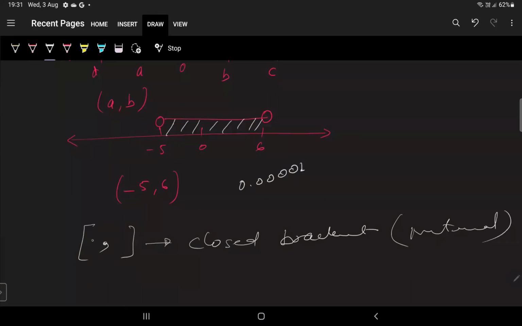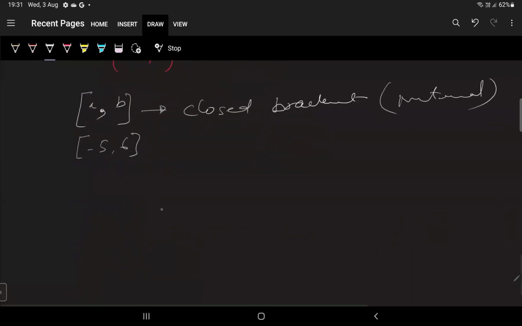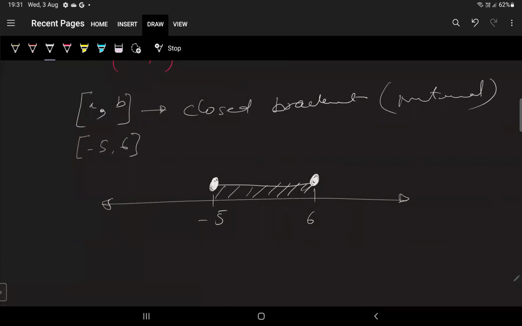Closed interval A to B. If we are writing -5 and 6 as a closed interval, that means we are including -5 and 6. We will darken the circle. That means we will take -5, but with all the numbers in between -5 and 6. This is the funda of open and closed intervals.